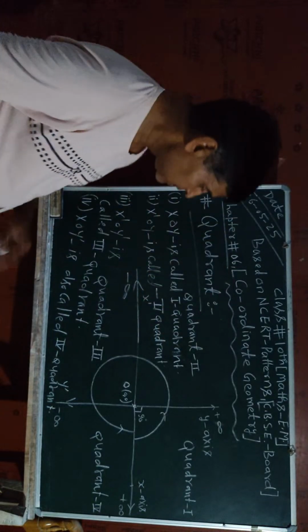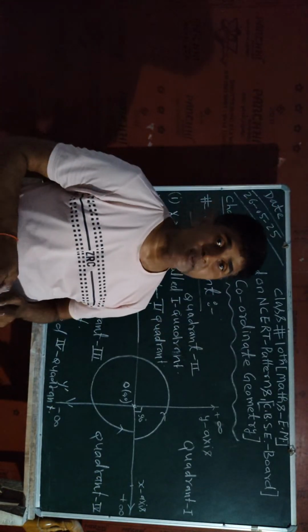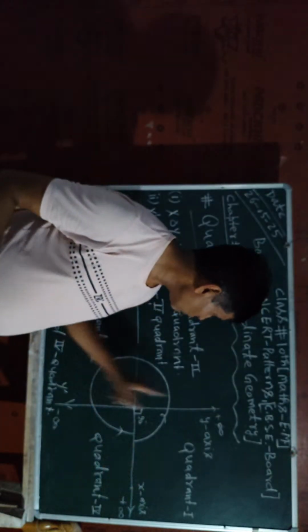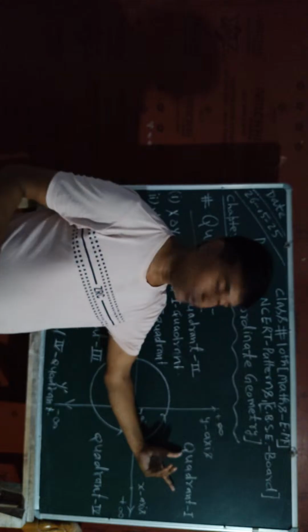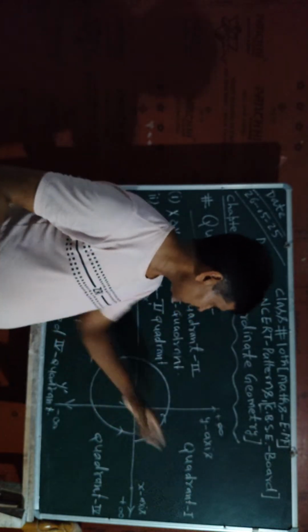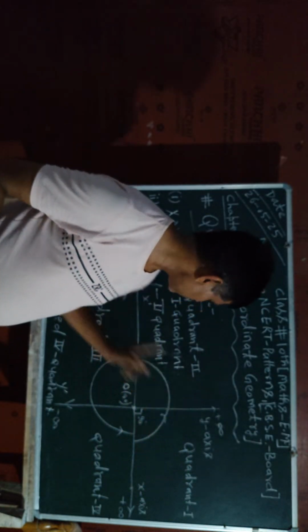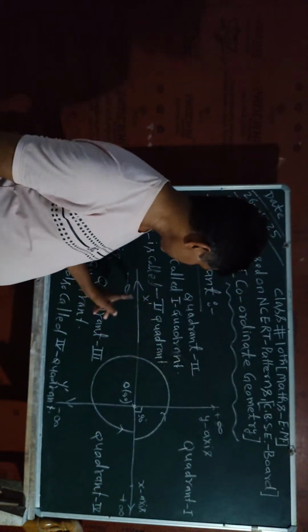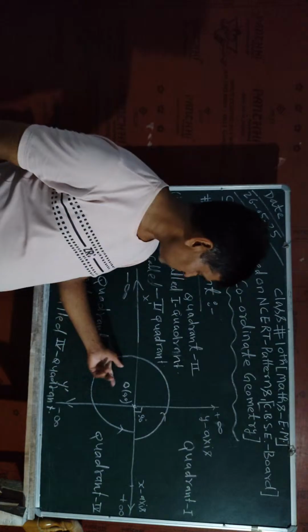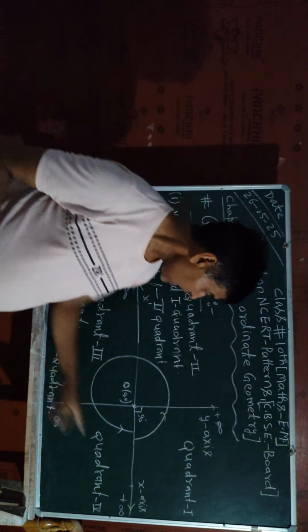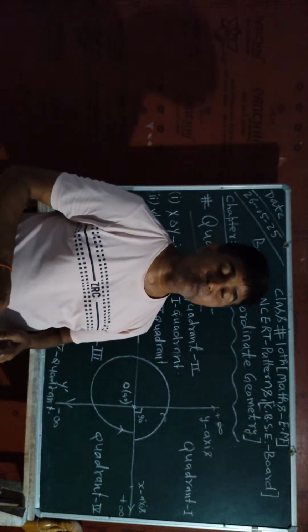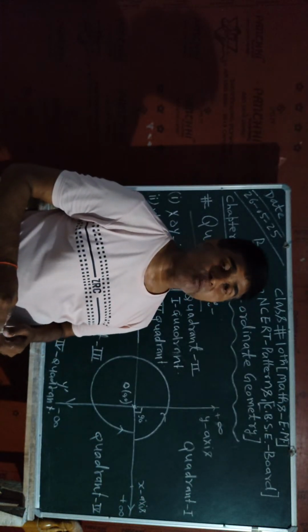So all the information about quadrants I have written. This portion x o y is the first quadrant. x dash o y is the second quadrant. x dash o y dash is the third quadrant. And x o y dash is called the fourth quadrant.